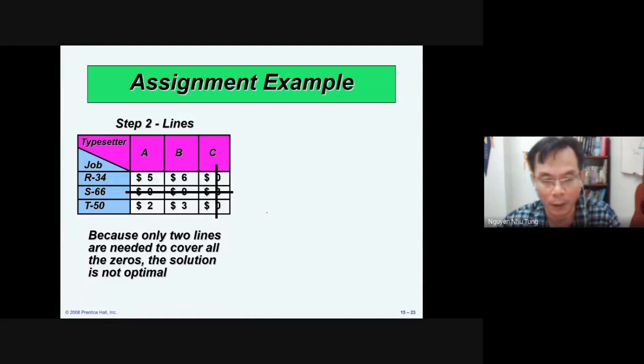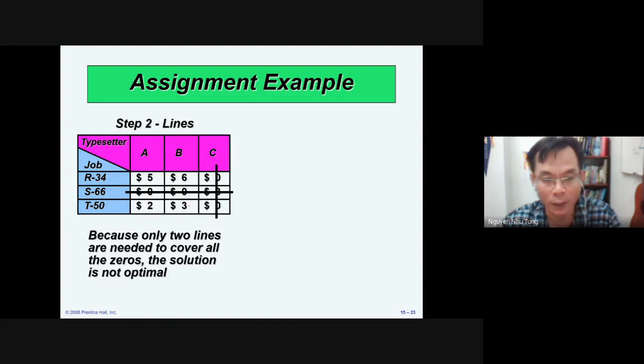We want to cross all of the zeros with the smallest number of lines. But how can we know that we use the smallest number of lines to cross the zeros?